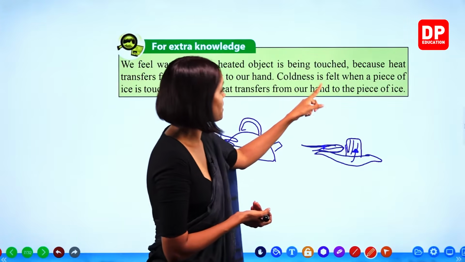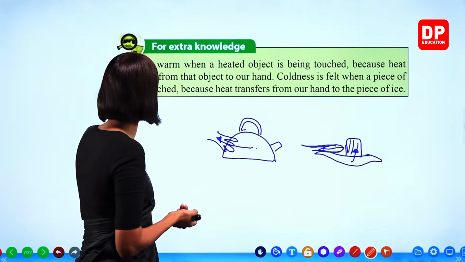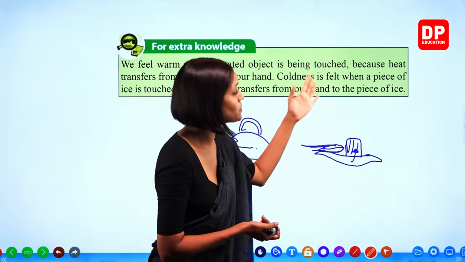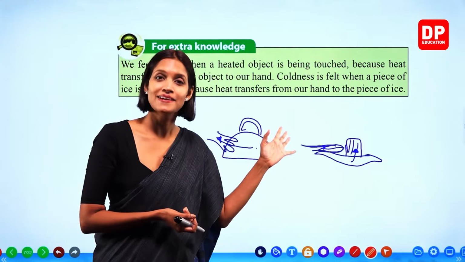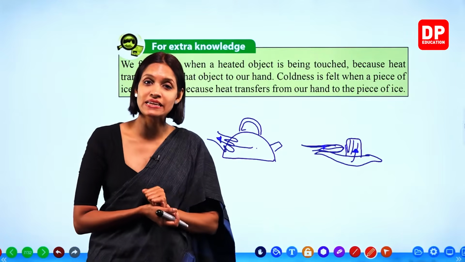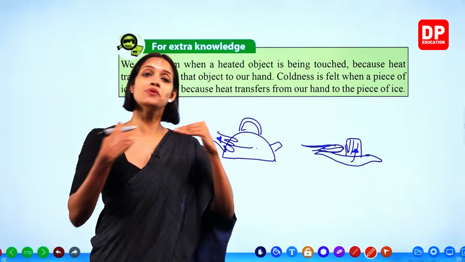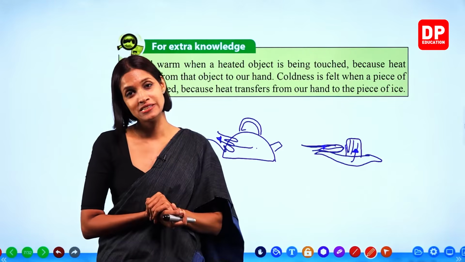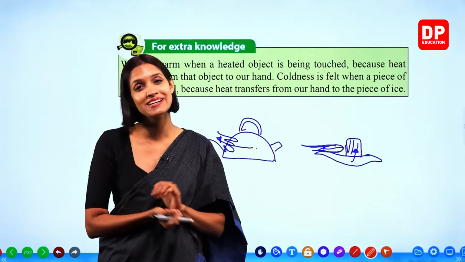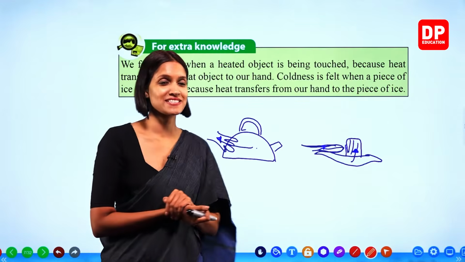So coldness is felt when a piece of ice is touched, because heat transfers from our hand to the piece of ice. Right, children? So after doing these activities, it's clear that heat transfers from where it is higher to lower. And heat and temperature are two different things, even though they are related. We'll move on to the next.